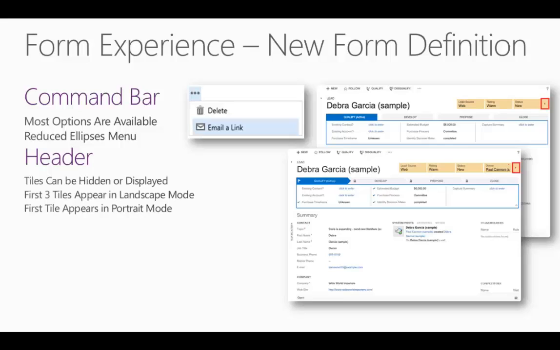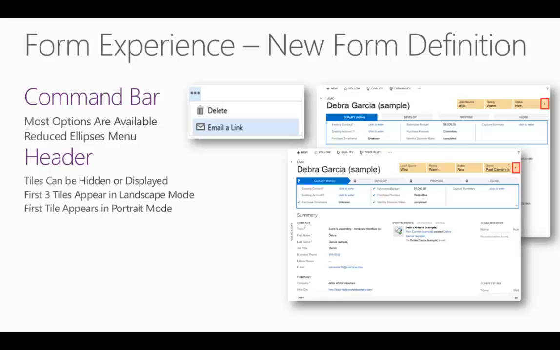The ability to share records, alter the process control, or customize the form are not within the scope of the Microsoft Dynamics CRM December 2012 service update. As a result of these changes, only Delete and Email a Link will appear in the ellipsis menu. The ellipsis drop-down menu does not appear in Create mode.